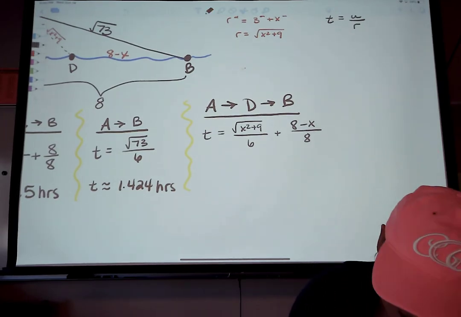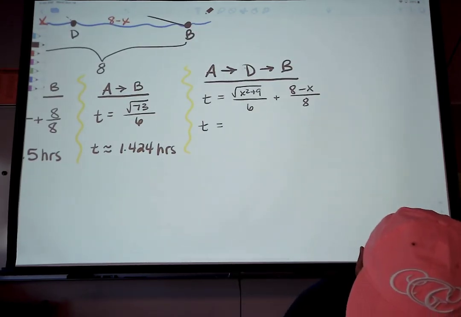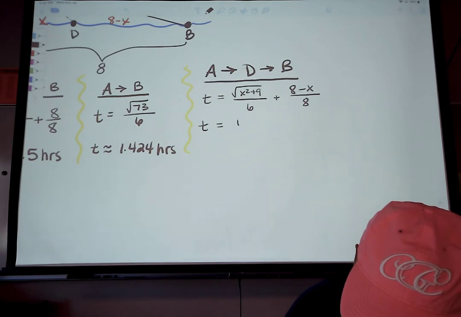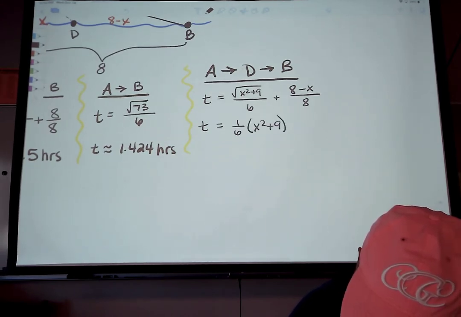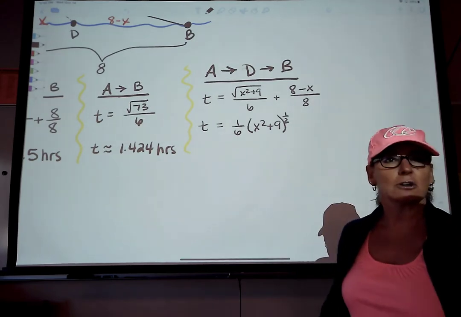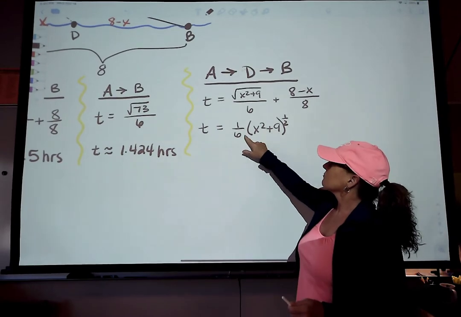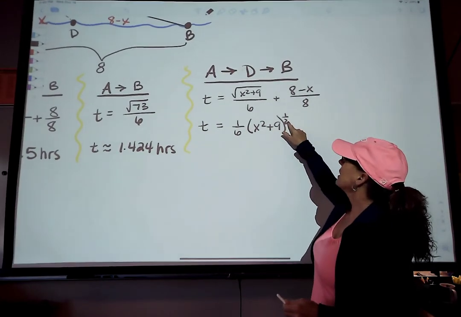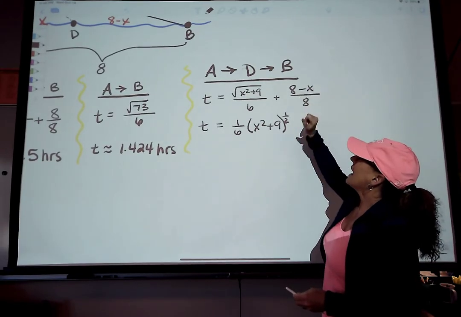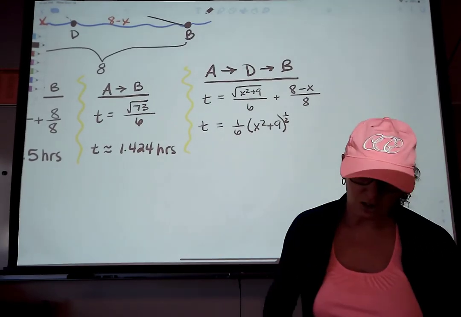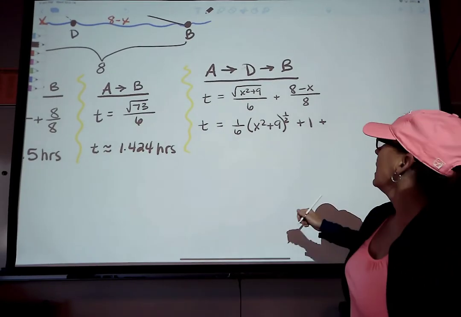So here I go. I'm going to simplify it with a derivative in mind. So I know I'm going to have to take a derivative. I think I'm going to write 1/6 (x squared plus 9) to the 1/2, right? Don't you like that, knowing that you're getting ready to do a derivative on it? We have a coefficient of 1/6, put that to 1/2. And then I'm going to unadd these fractions.